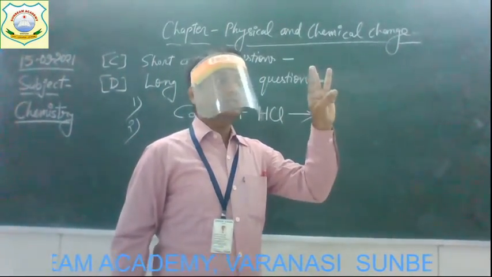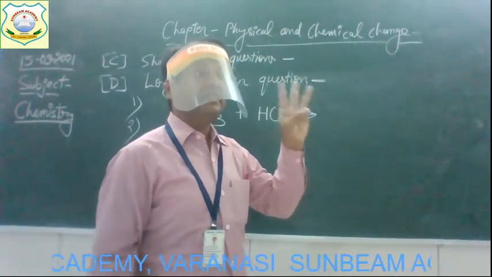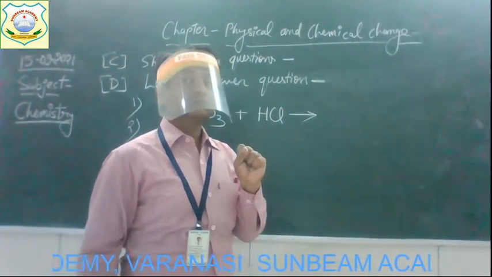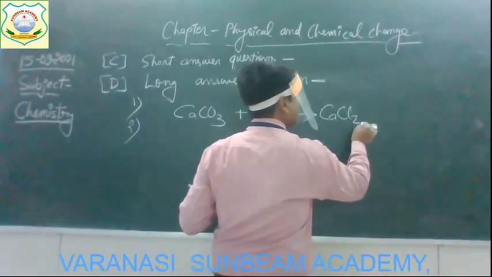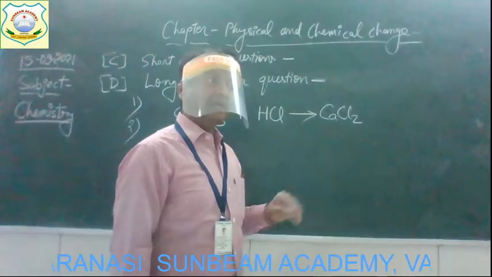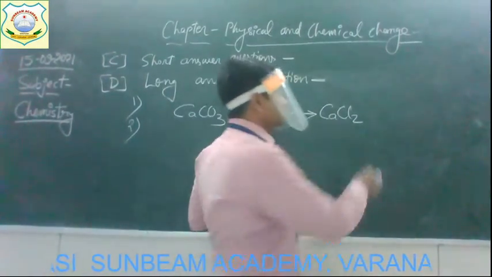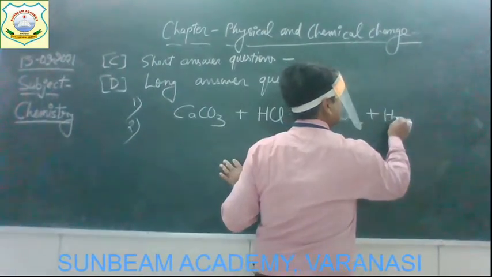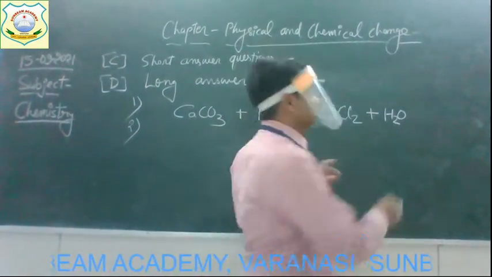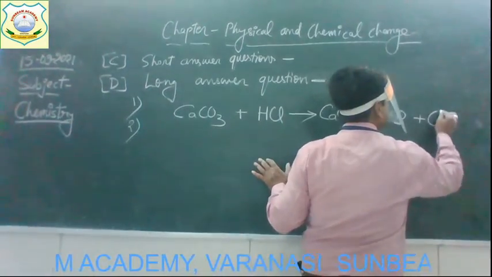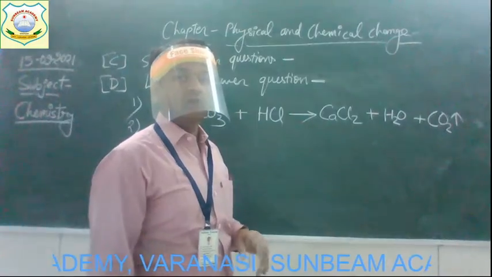Three new substances will form, three products will form. The first product is calcium chloride, CaCl2. Okay, so this is the first product, calcium chloride. The second product is water, and the third product is a kind of gas, and that gas is carbon dioxide gas.